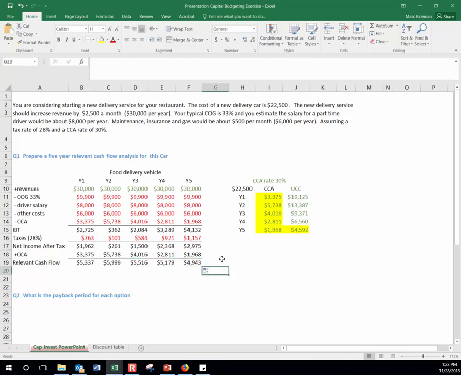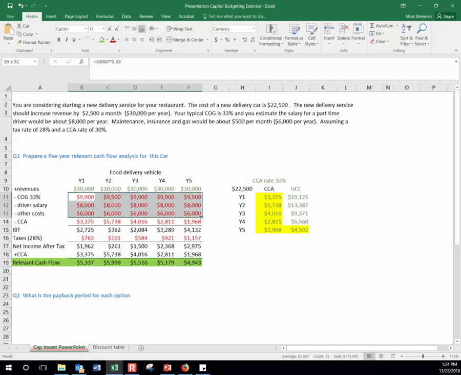Okay. And now this would be the information that I want to know. This investment, while it's going to create $30,000 in new revenue if I buy this food delivery vehicle, this is actually the cash flow it's going to provide me with. It's actually what I'm going to have. Not $30,000.